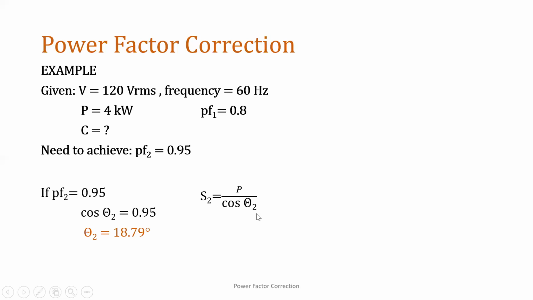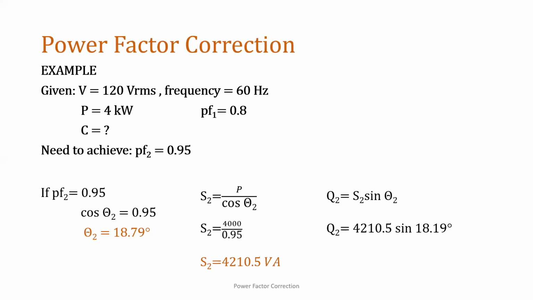So proceeding with the apparent power, we'll be using 4,000 again because the real power will not change. So 4,000 divided by 0.95 as the new power factor. So we have 4,210.5 volt amperes. Let's solve for the new reactive power.